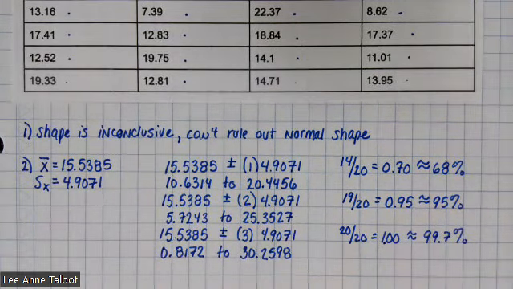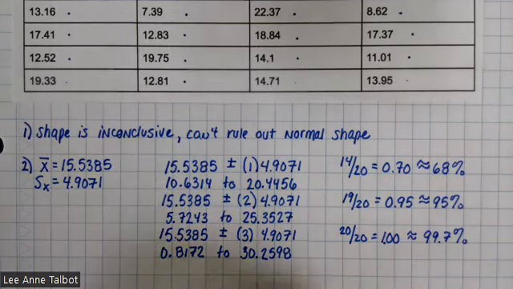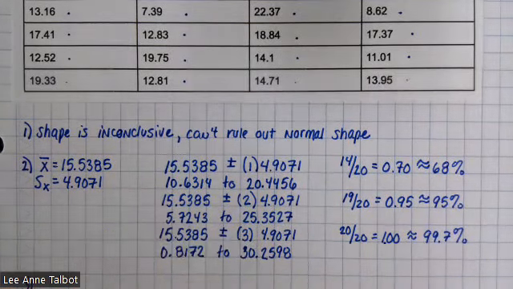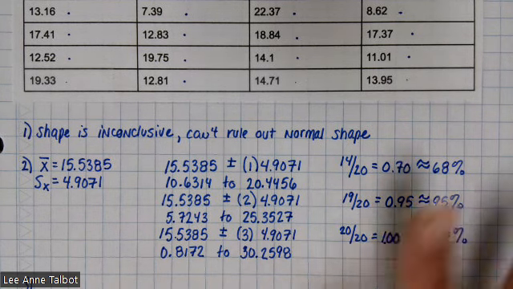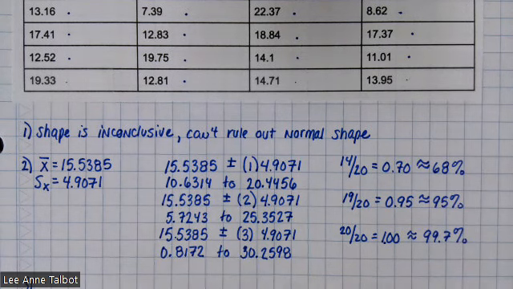Okay, and I know you're all really good students and you're going to say, Mrs. Talbot, how close do these need to be? I mean, kind of like that close. I'm not shocked that 100% of the values are in there. 100% is really close to 0.997, right? 70 is not far off from 68. Don't get freaked out by that. This is pretty good.